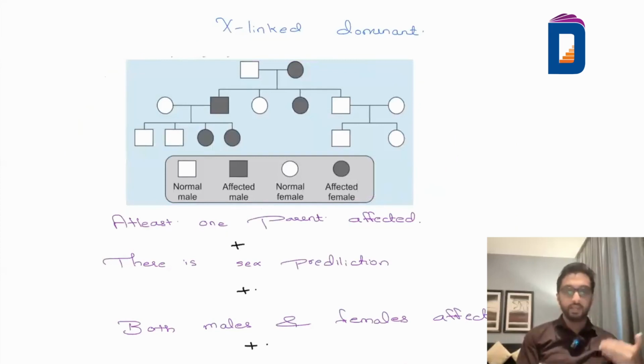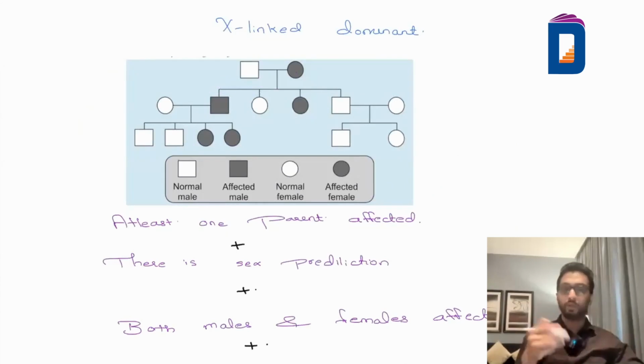Mitochondrial means only the mother passes the disease, the father doesn't pass it. So that is done. Next, you check whether there is any sex predilection. How do you check that? Count the number of progeny affected. Then you say, okay, 3 females and 1 male are affected, so there is sex predilection.